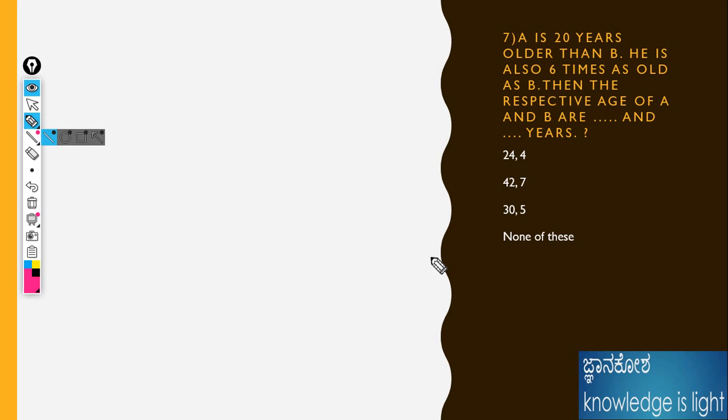Okay, next question. A is 20 years older than B. I would maintain here A and B. A is 20 years older, meaning he is the older one, and B is the younger one. I don't know the age, that's why I mention it as x. A is also 6 times as old as B. This is a direct question.